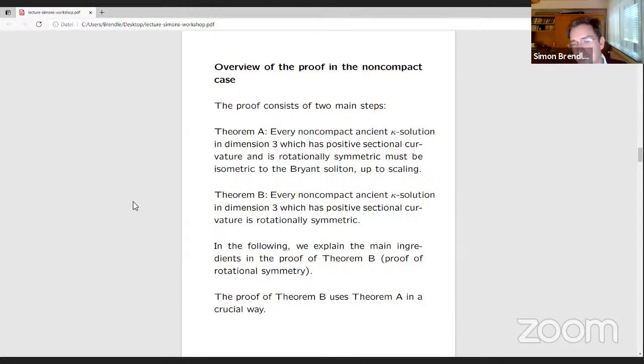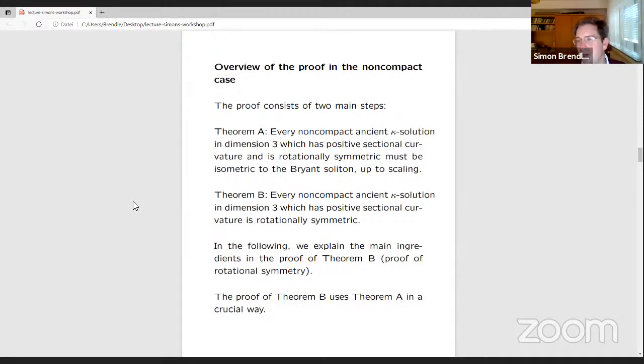Now, one unusual and, in my view, remarkable thing is that the proof of theorem B uses theorem A in a crucial way. So in order to prove that every solution is rotationally symmetric, you need to know what the rotationally symmetric solutions are.